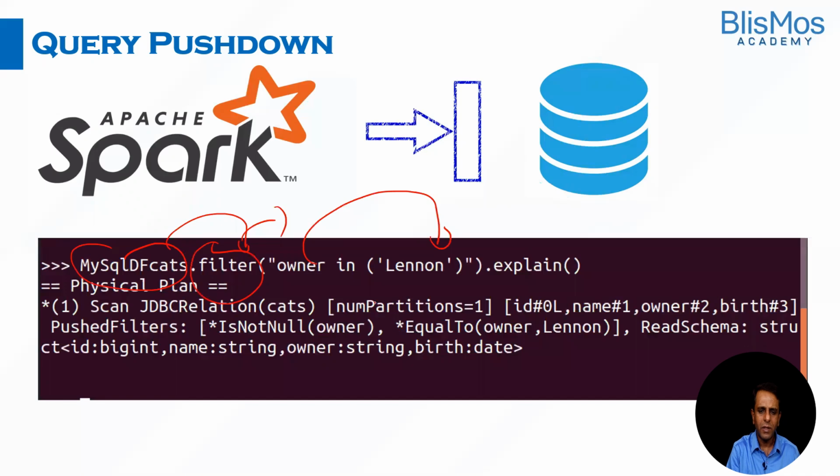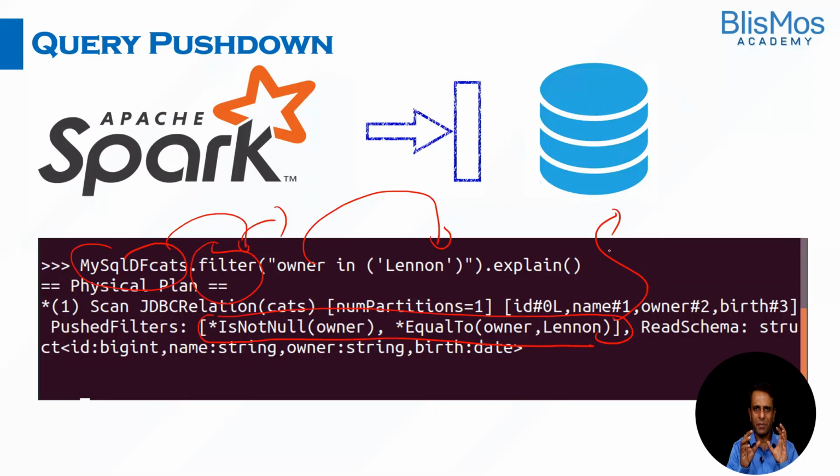In this case, you can see Spark is trying to push the filter into the database itself. So, Spark is making an attempt. It says, I don't want to read all the records from the database, because the user wants to create the data frame only where the filter condition is satisfied.